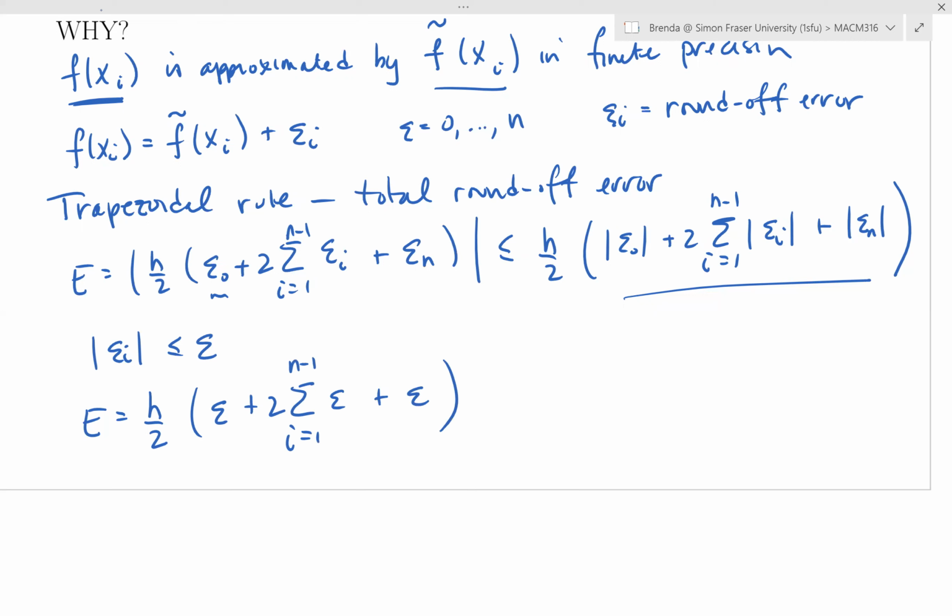I can add those together, and that is n h epsilon. N times h is b minus a. That's how we picked our spacing of h. We took the size of the interval and divided it into n. So that means that the error here is less than or equal to (b minus a) epsilon.